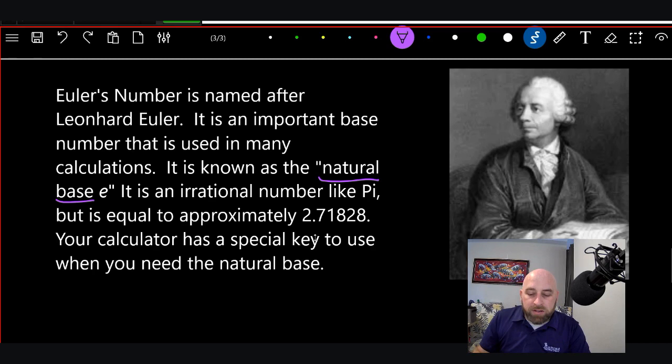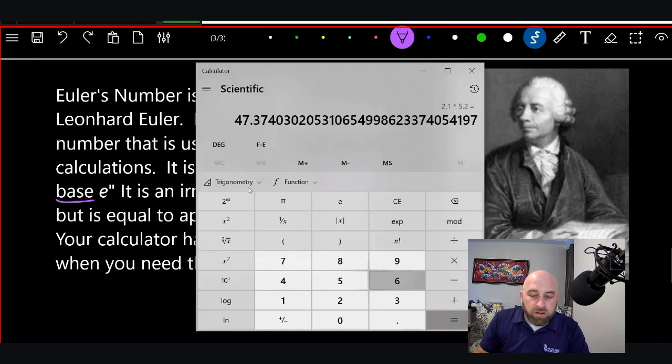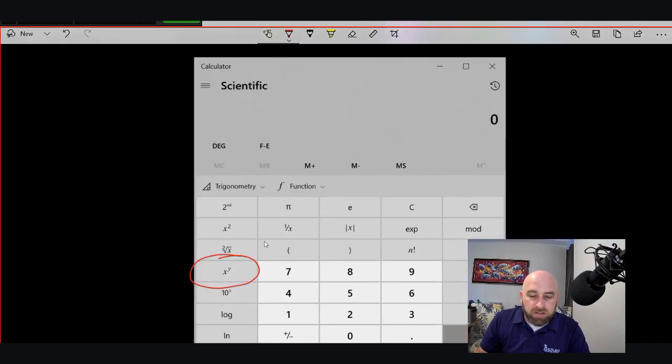If you'll go back to your calculator, look on your calculator, and actually let me pull this one up. You are going to see the Euler's E on your calculator somewhere. Now it might be in the second functions or it might be in the first functions, but it's going to be on your calculator somewhere. If you have a scientific calculator, it'll be on your calculator.